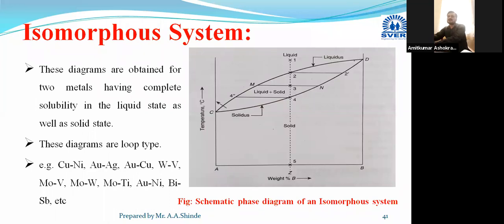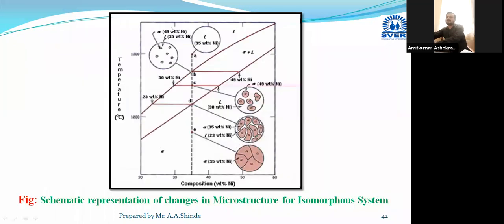Isomorphous system is obtained when 2 metals are completely soluble in liquid as well as in solid state. Examples: copper-nickel, gold-silver, gold-copper, a few examples I have given. Then the microstructural changes occurring during the cooling we have explained with the help of this diagram.